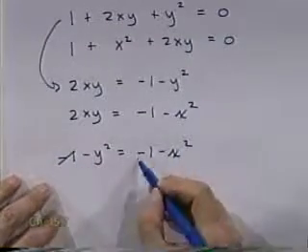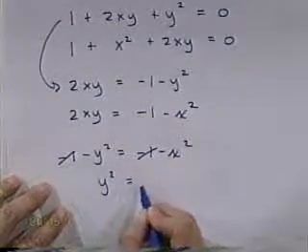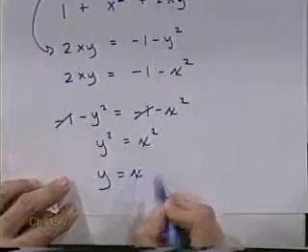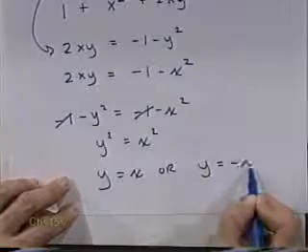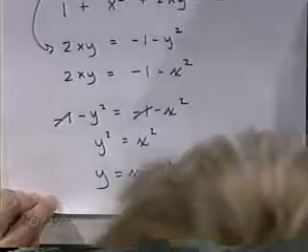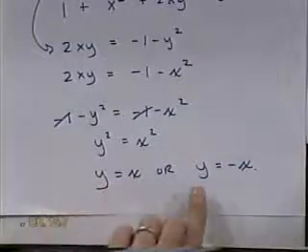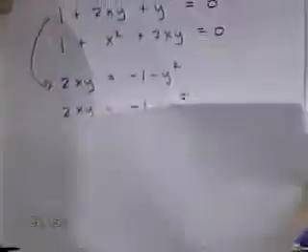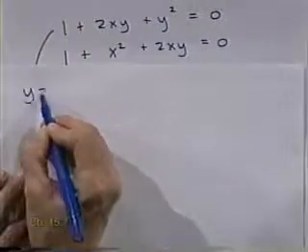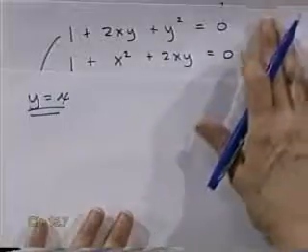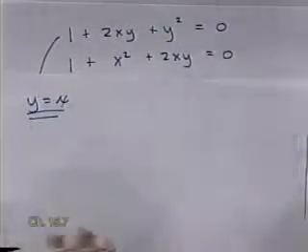And let's see, the minus 1's cancel, and we could multiply through by a negative. And if y squared equals x squared, then y is x, or y is minus x. We have those two possibilities. So first I'm going to say, well, let's let y be x and see what happens. Coming back, if we let y equal x, again, these two equations must be satisfied.